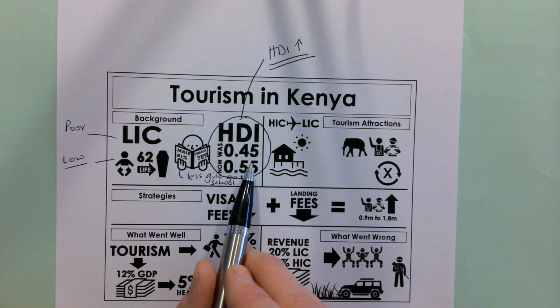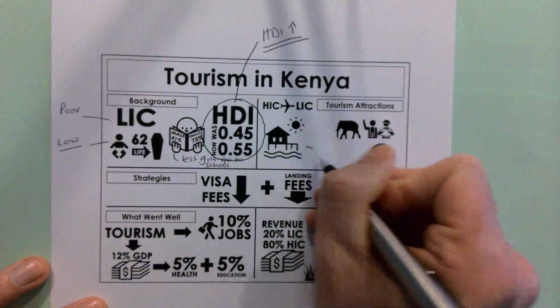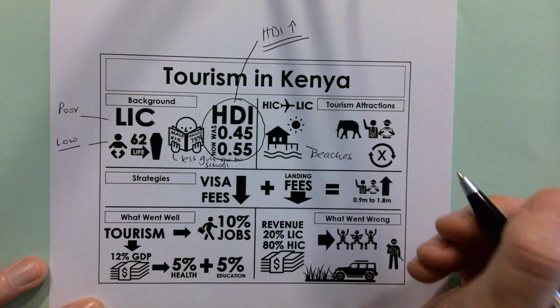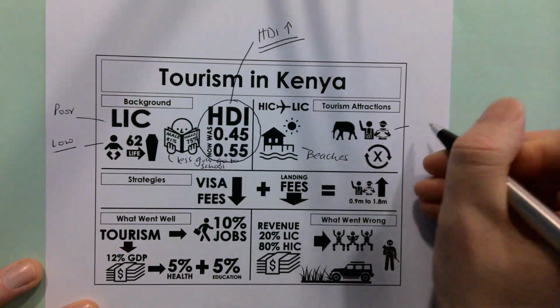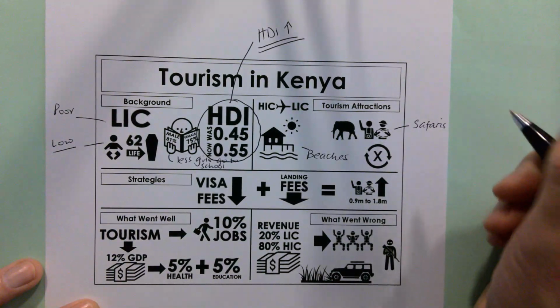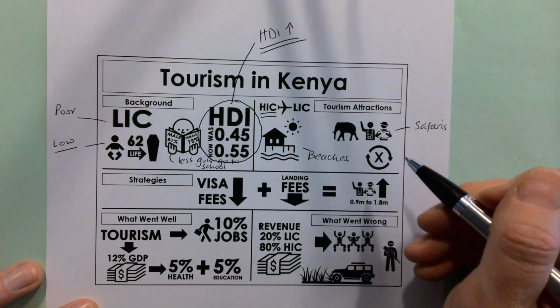So tourist attractions in Kenya are basically based on the beaches, which are on the Indian Ocean, and the safaris. So tourists from HICs, from rich countries, go to Kenya to go on holiday.